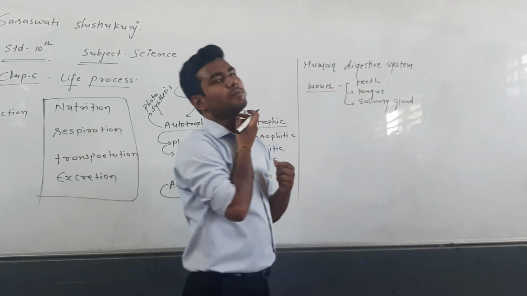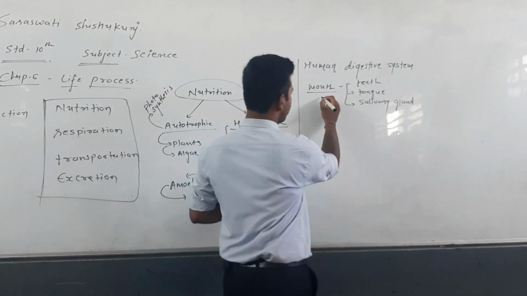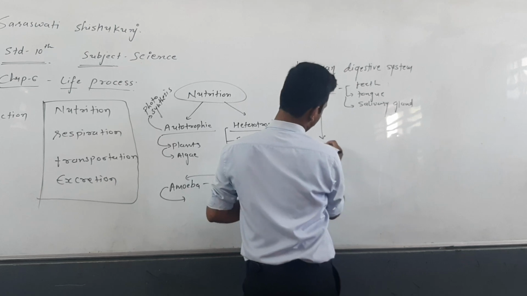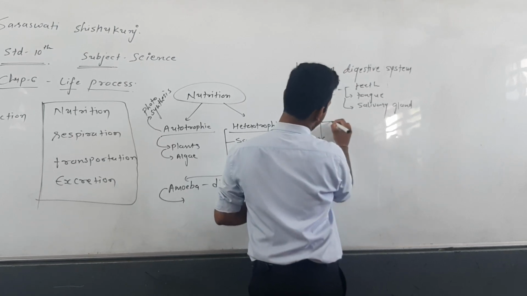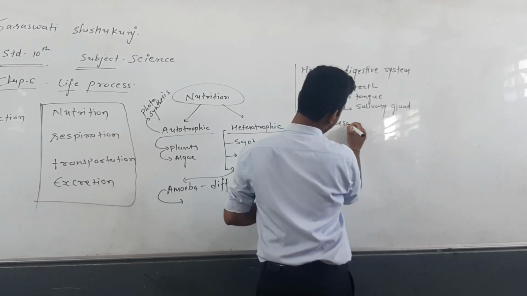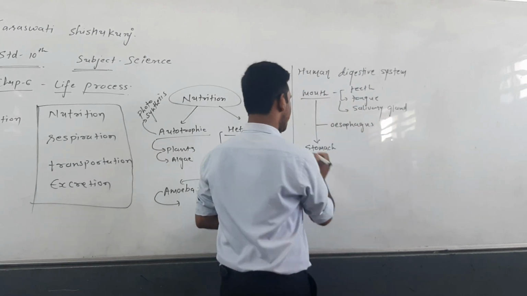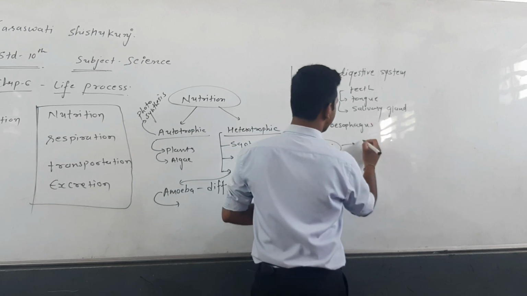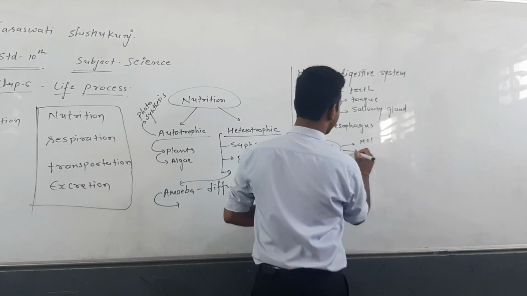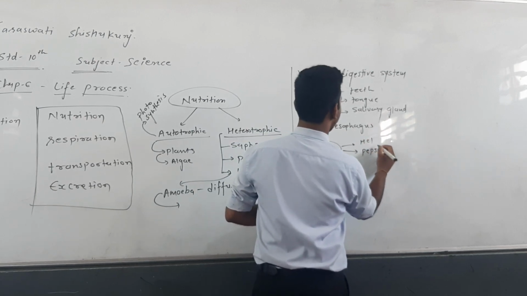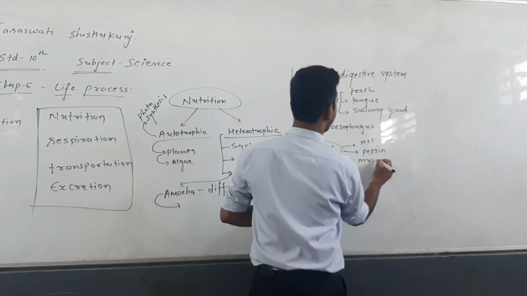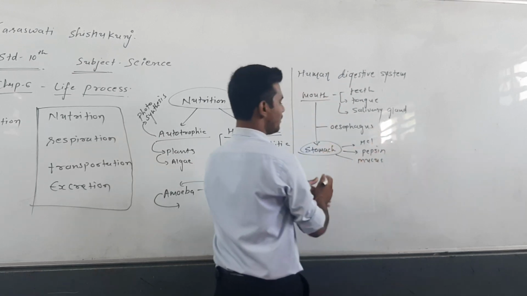After the mouth, through the esophagus, food will move to the stomach. In the stomach, we have understood there will be secretion of HCl, pepsin, and mucus.